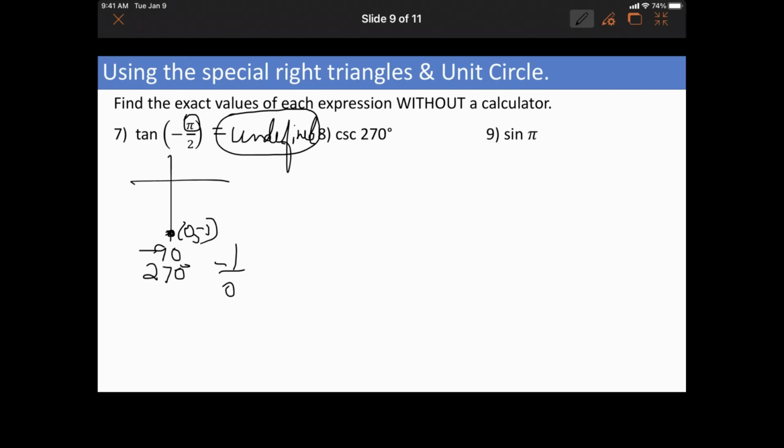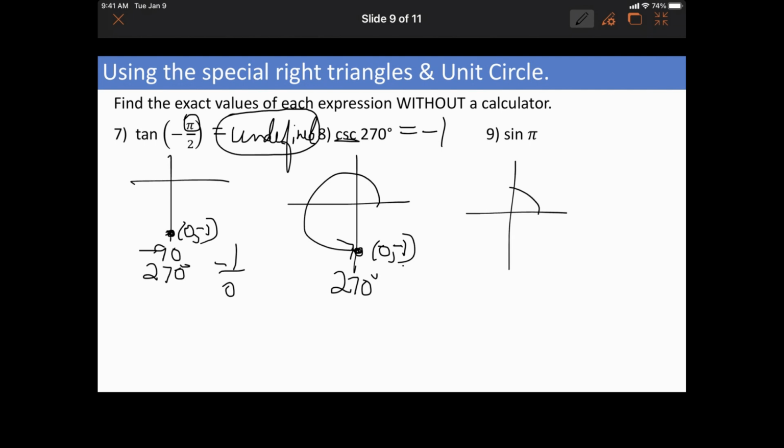All right, cosecant of 270. That's here, we just talked about it. So we have 270 here, still 0, negative 1. Okay, so remember that this is the reciprocal of sine. So sine is negative 1, so the y value. The reciprocal of negative 1 is negative 1. Sine of pi is here.